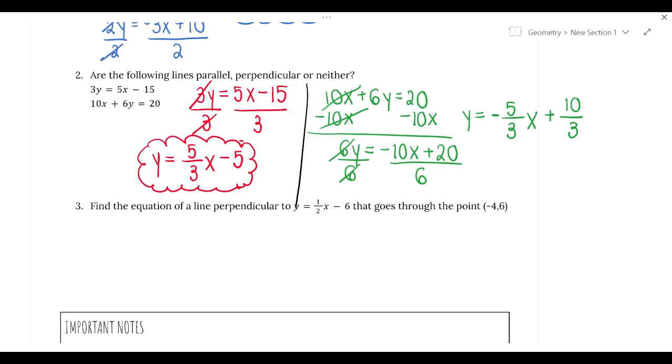So 10 over 6 here, I can simplify it to 5 over 3, keeping in mind that they're still negative, if I divide the 10 and the 6 by 2. So 10 divided by 2 is 5, 6 divided by 2 is 3. And also here, remember I'm sharing the love, right?